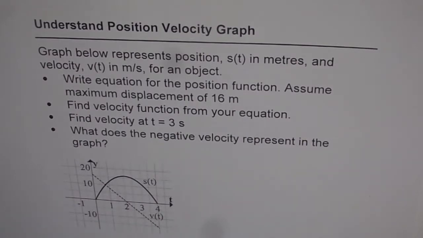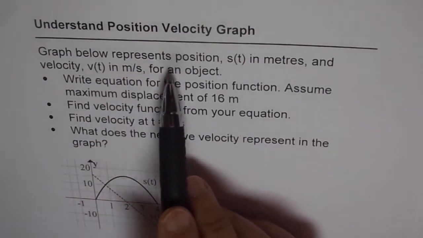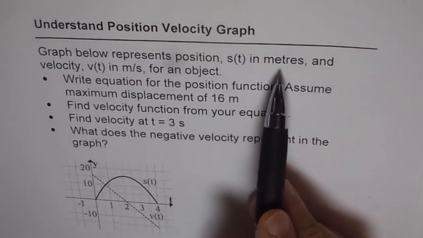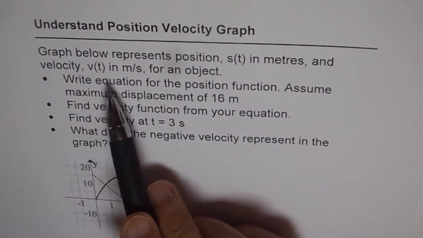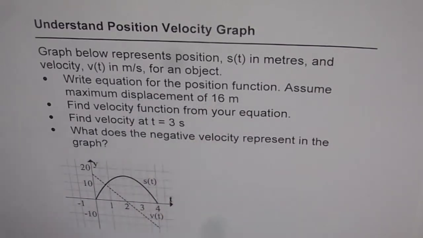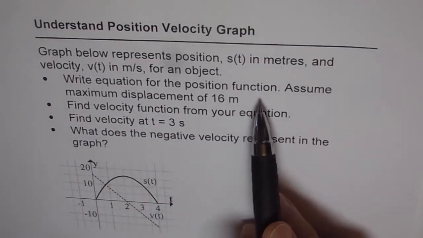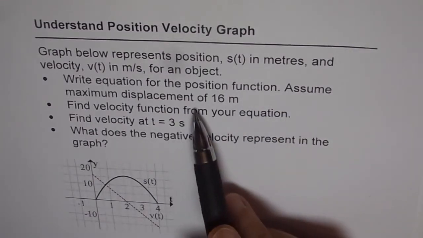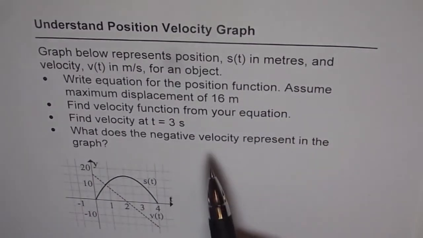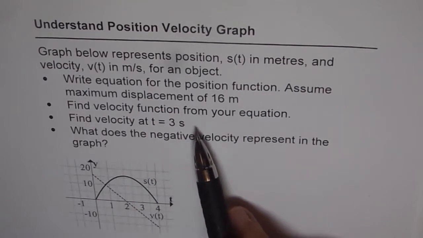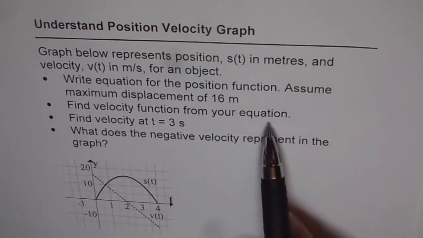So the question here is, graph below represents position s of t in meters and velocity v of t in meters per second for an object. Write equation for the position function. Assume maximum displacement of 16 meters. Find velocity function from your equation.